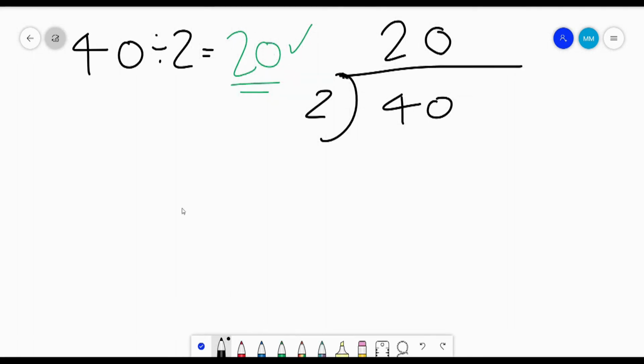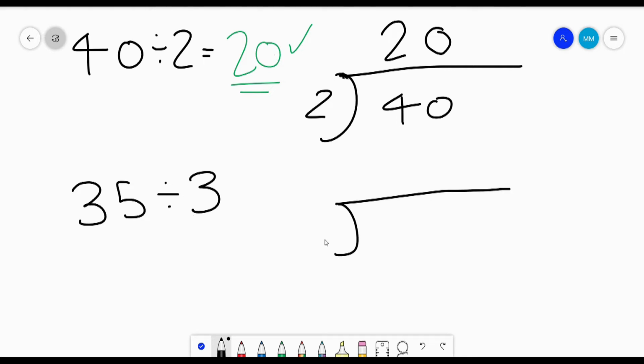That's a very simple example, but I thought we'll do that first just to get into the swing of it. So let's now take this up a notch. Let's have a remainder. So let's have 35 divided by 3. So we first construct our bus stop, and we put the 35 under the bus stop, and we put the 3 on the outside, and we start again.